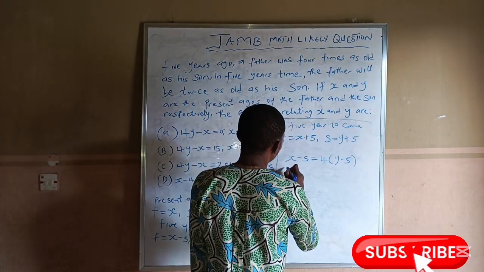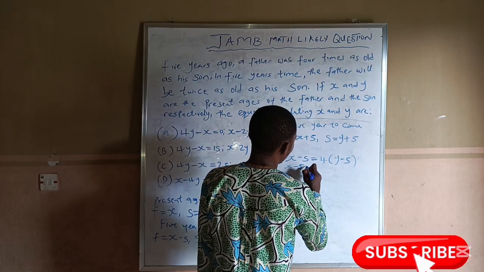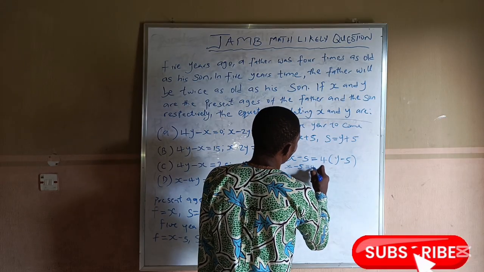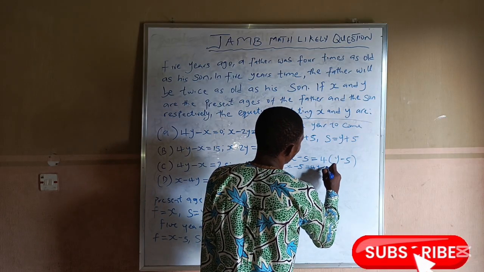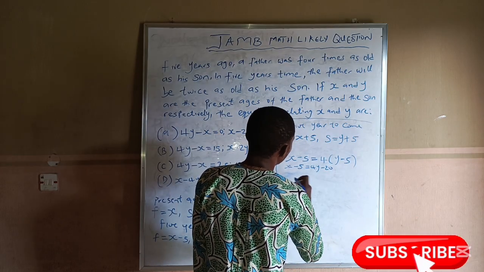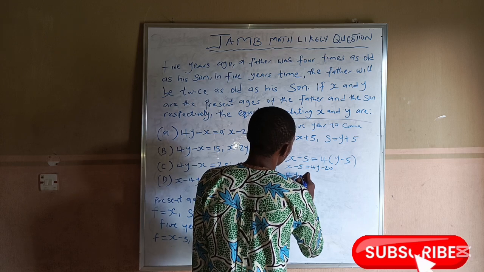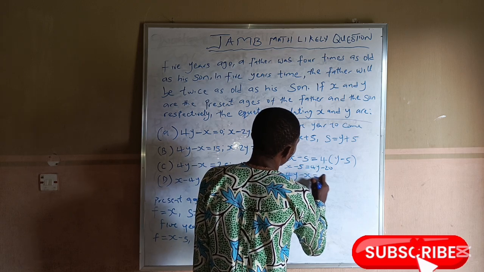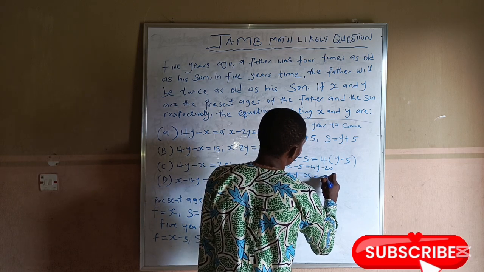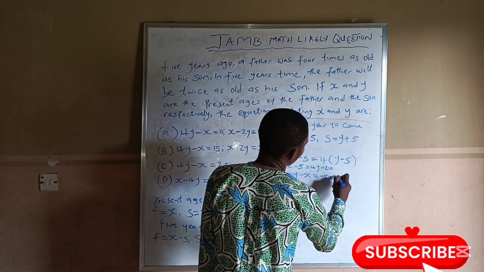What we are now going to see is that x minus 5 equals 4y minus 20. What we now get, if you collect like terms, 4y minus x equals minus 5 plus 20.